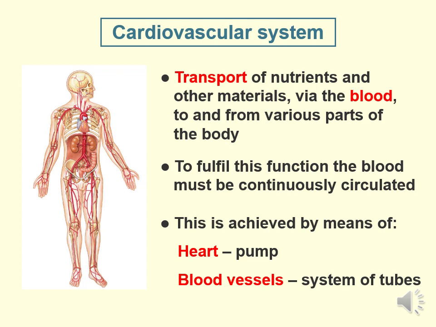So just to summarise, what we're going to be looking at are the three main components: the blood, the heart, and the blood vessels. And we have what's referred to as a closed circulatory system. So that means that the blood is always confined within the blood vessels, within the tubular network, unless you cut yourself or something. So that's the definition of a closed circulatory system.